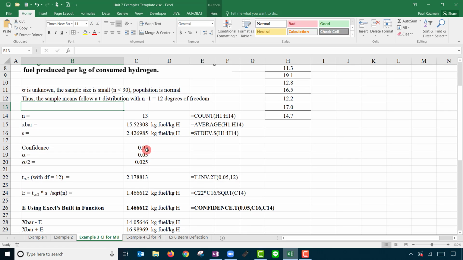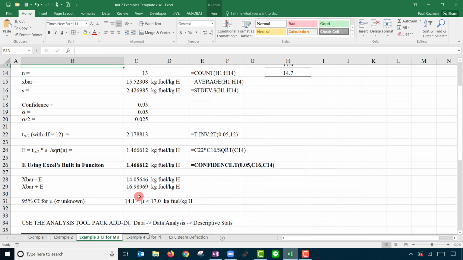Then I did my confidence is 95, alpha 0.05. And I did it the old school way, the way we just did it. Instead of looking up the critical value, I used the inverse function. And then I made the formula custom to get the answer.